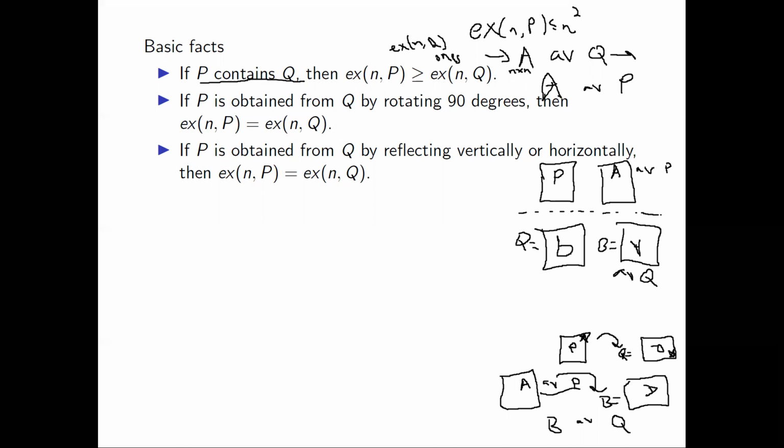And then we can do the exact same thing, starting instead of a matrix that avoids P, starting with a matrix that avoids Q. So we see that both ex(n, P) is at least ex(n, Q), and ex(n, Q) is at least ex(n, P), because if we have any n by n matrix with ex(n, P) 1s that avoids P, we can turn it into an n by n matrix with ex(n, P) 1s that also avoids Q, and vice versa.